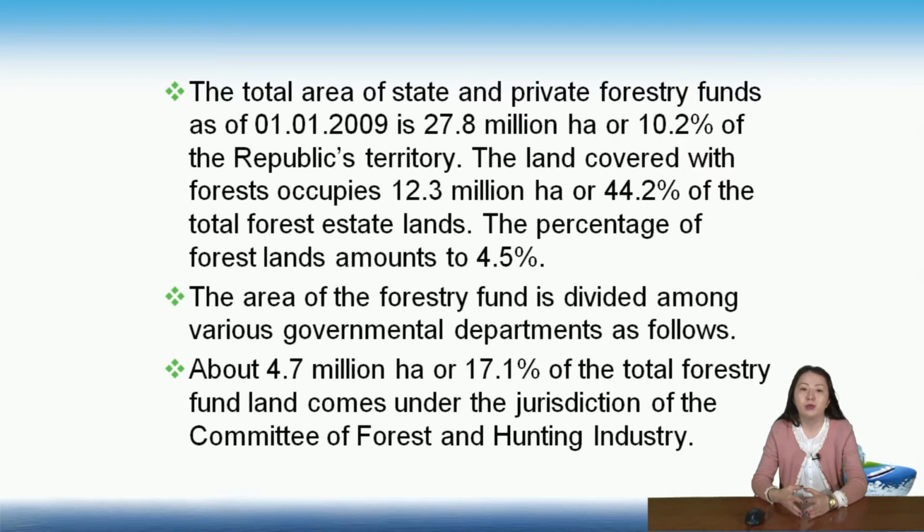The area of the forestry fund is divided among various governmental departments as follows. About 4.7 million hectares, or 17.1% of the total forestry fund land, comes under the jurisdiction of the Committee of the Forest and Hunting Industry.